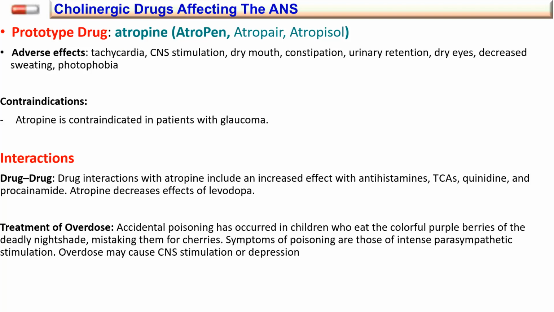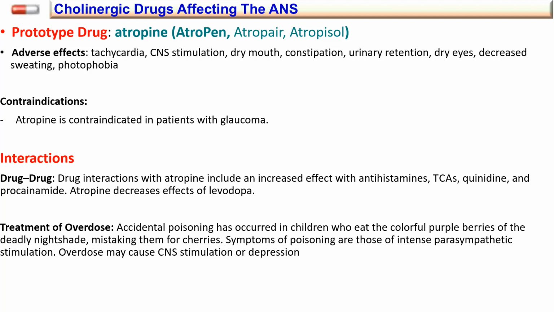Therapeutic uses: we can give atropine as a pre-anesthetic medication, for disorders of the eye like during the eye exam, for bradycardia to increase the heart rate, and for patients with intestinal hypertonicity and hypermotility of the GI tract, like diverticulitis and IBS, irritable bowel syndrome.